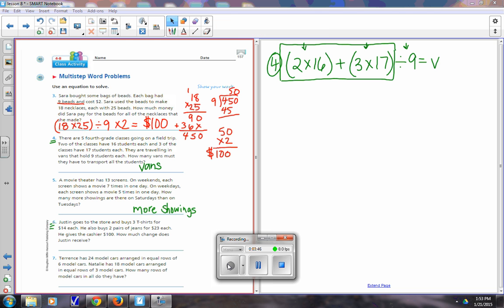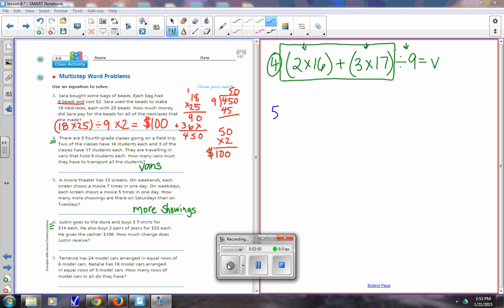So if I'm setting that up, 3 t-shirts, not number 5, this is number 6. 3 t-shirts times 14 plus 2 pairs of jeans times 23.